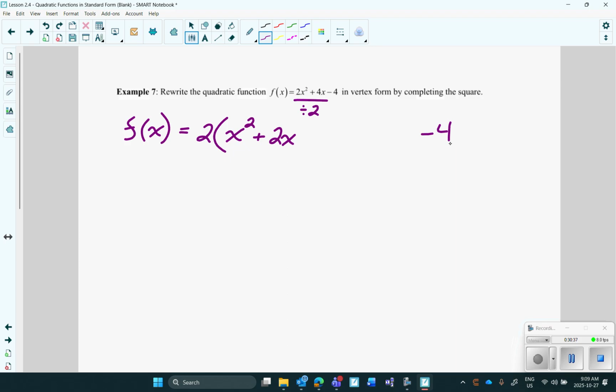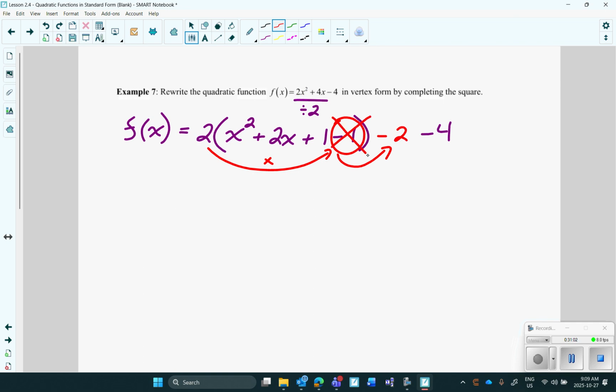Now we can complete the square. What do I add and subtract? Plus 1 minus 1, close. I can't factor yet until this is bounced out of here. So to bounce it out, I got to multiply it by 2. And it becomes negative 2.